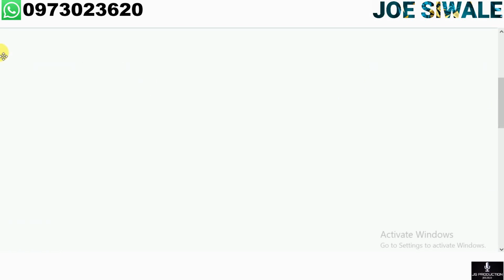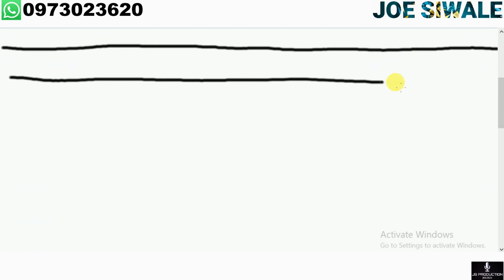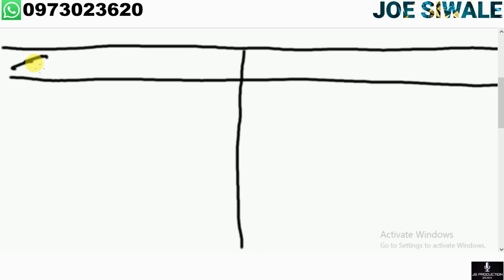So let me just draw a small table here. On this side we have the endocrine system, then this side there is the nervous system.